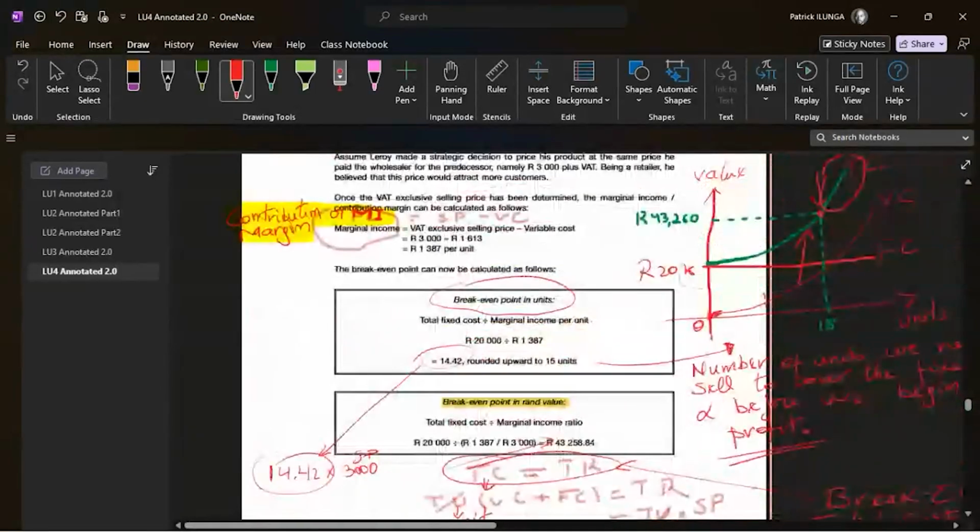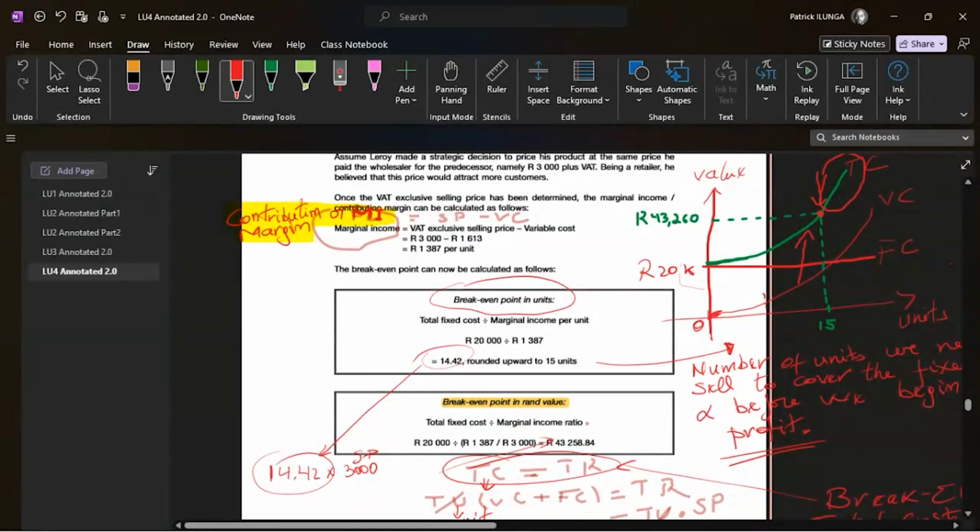But obviously you can find the number of units, but you can also find the actual rand value of it. So how do you find the rand value? You take the total fixed cost, the same total fixed cost, but this time divided by the marginal income ratio. The marginal income ratio, remember again, you take the marginal income divided by the selling price, multiply by 100.